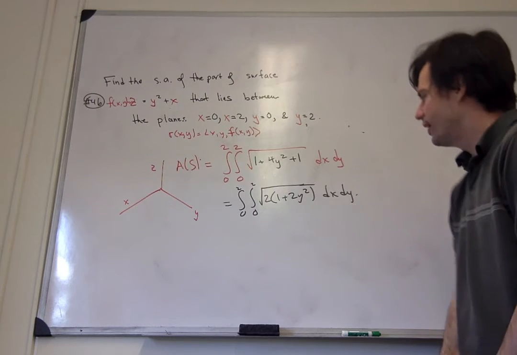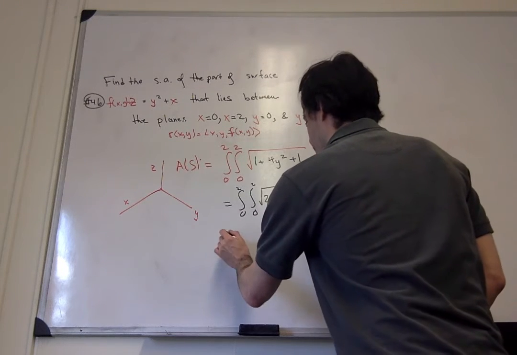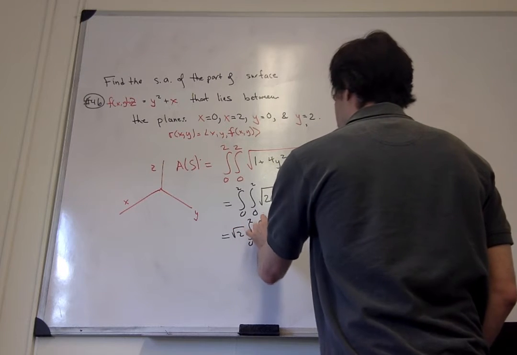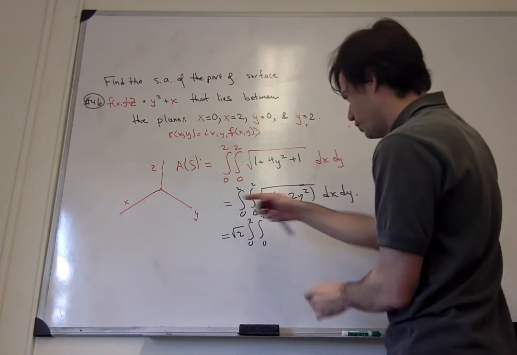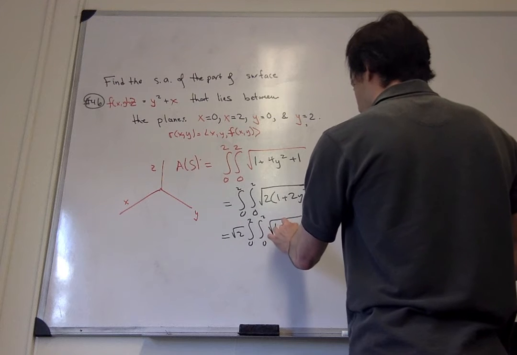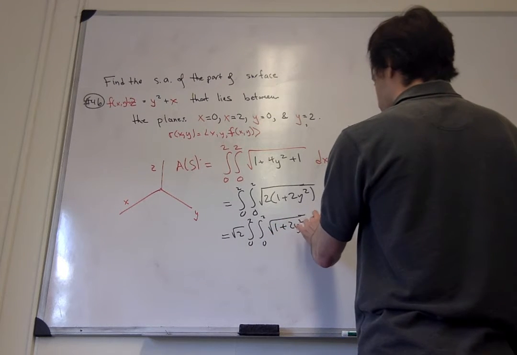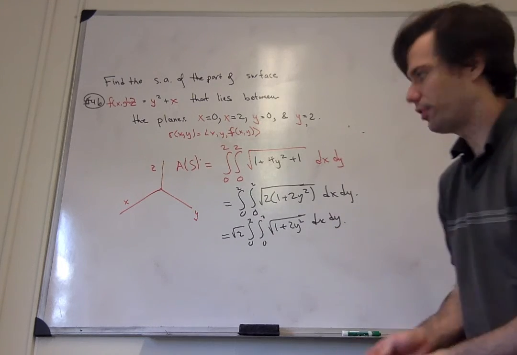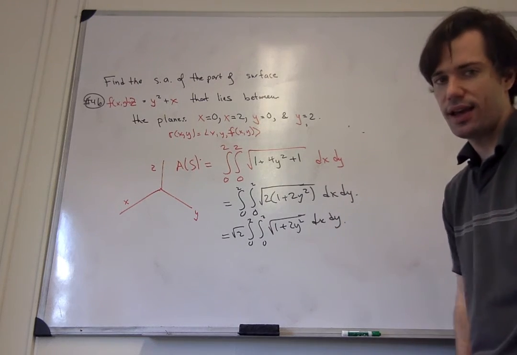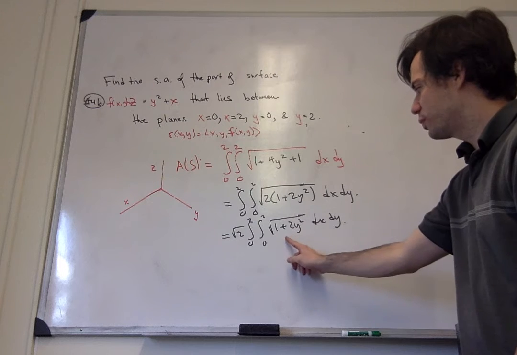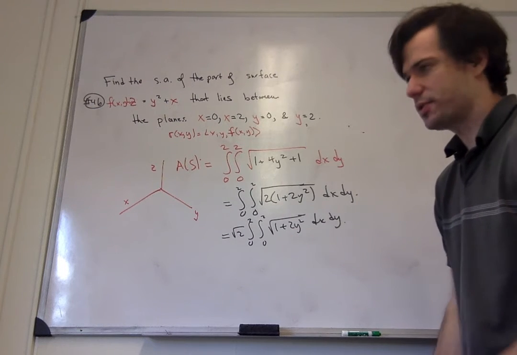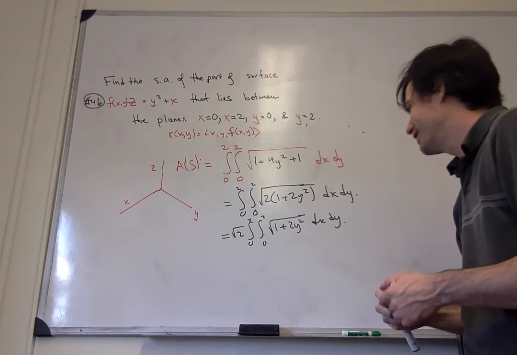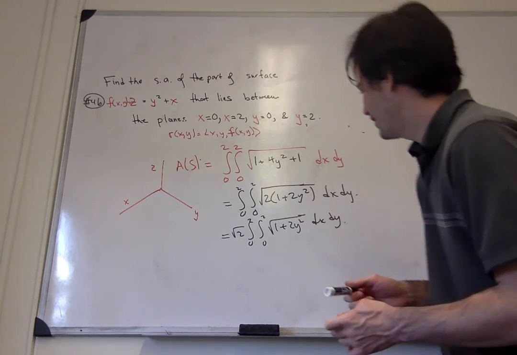Now I can pull the square root of 2 out, and so now I have the square root of 2 times the integral of the square root of 1 plus 2y squared dx dy. When you set up your integral, if you did dy dx instead, that's fine. You just would have a hard time integrating that first one. Well, actually, no. We have to do that, so there's really no way around it.